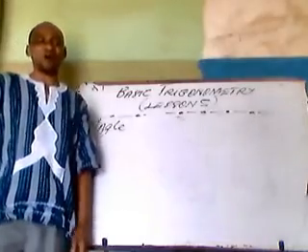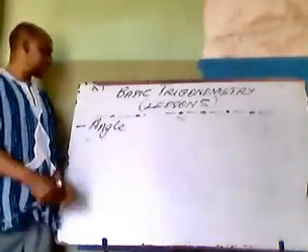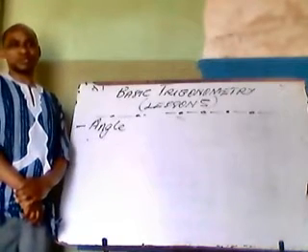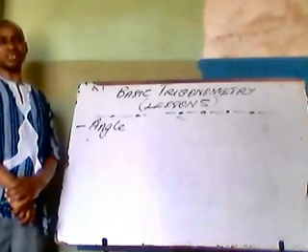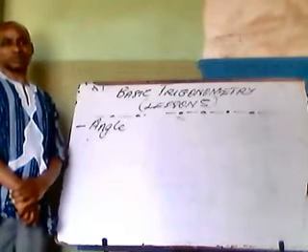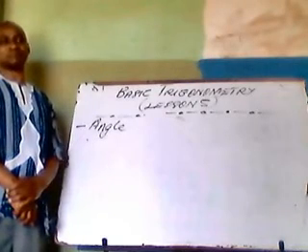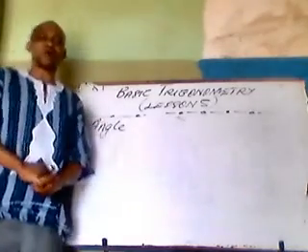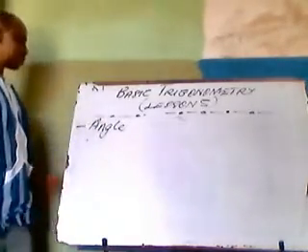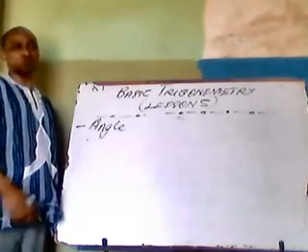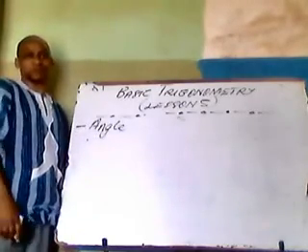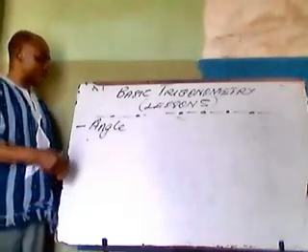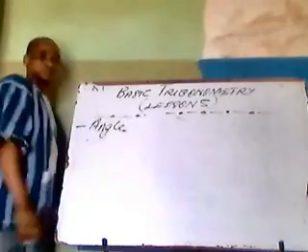Now, before we move on, there are certain terminologies that you must know. In other words, you can't go on learning trigonometry without them. And one of them is angle.